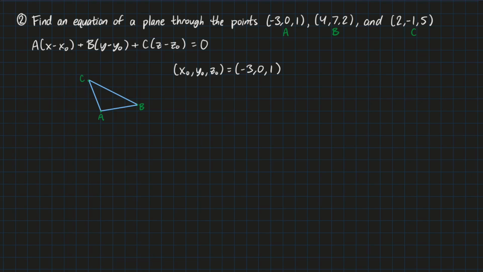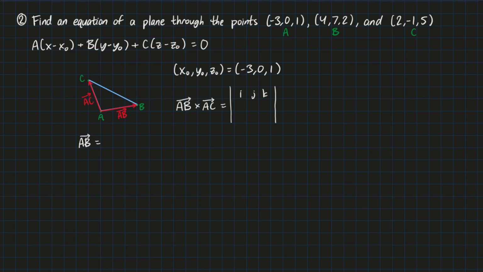We can make 2 vectors from this triangle that share the same point as their tail. So let's choose point A. We could use the side going from A to C and the side going from A to B. If we take the cross product of AB and AC, we'll get our normal vector.